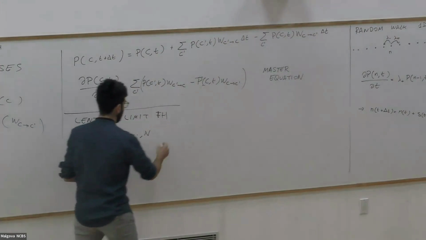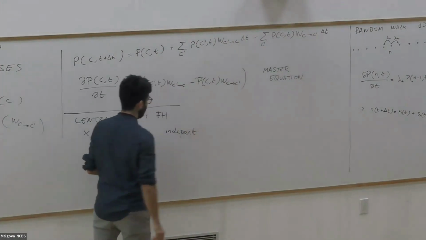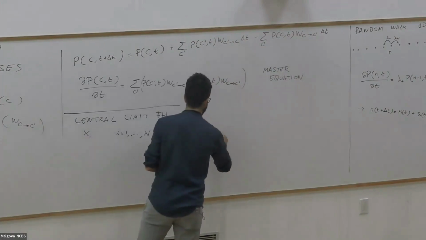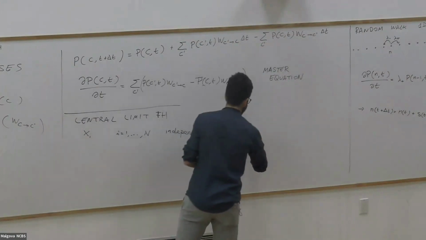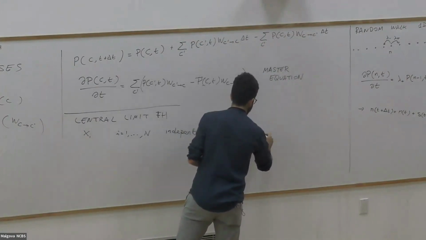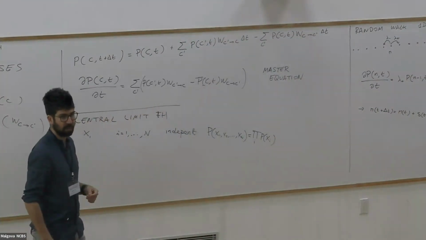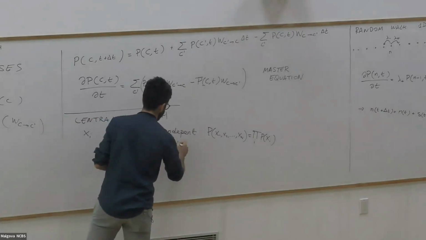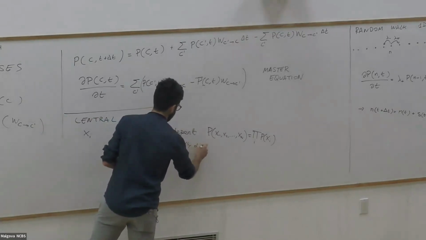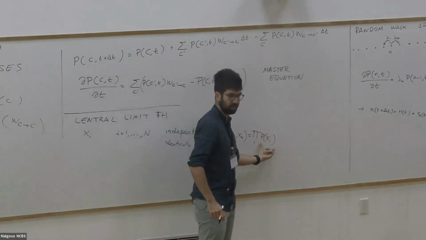And these are all independent random variables, so the probability distribution P(x1, x2, ..., xn) factorizes. And also let's say that they are identically distributed, so the marginals are the same for all.